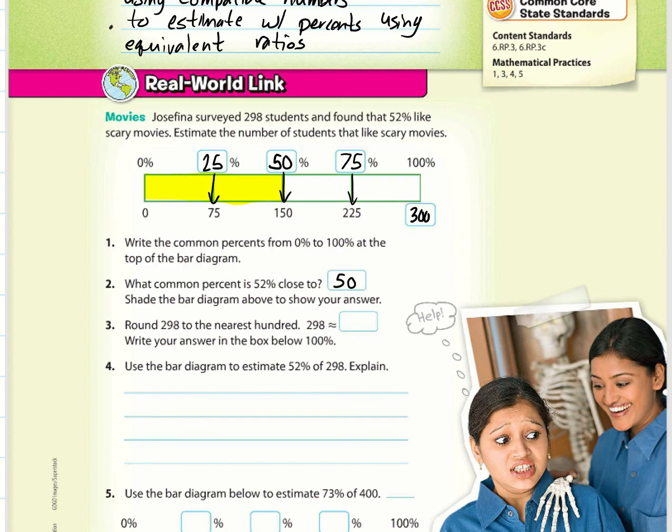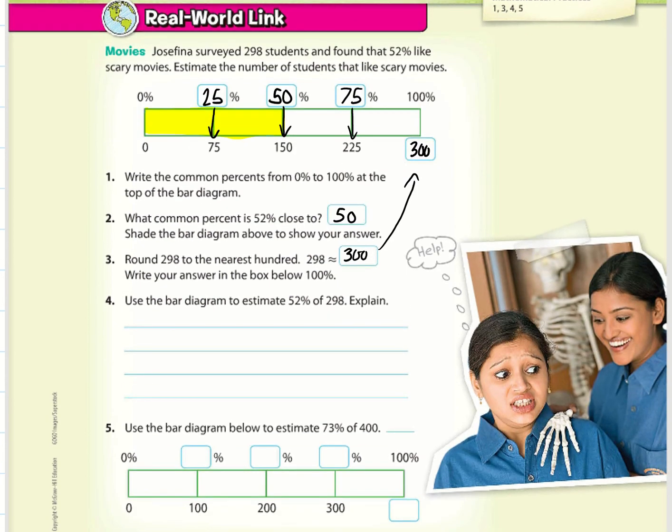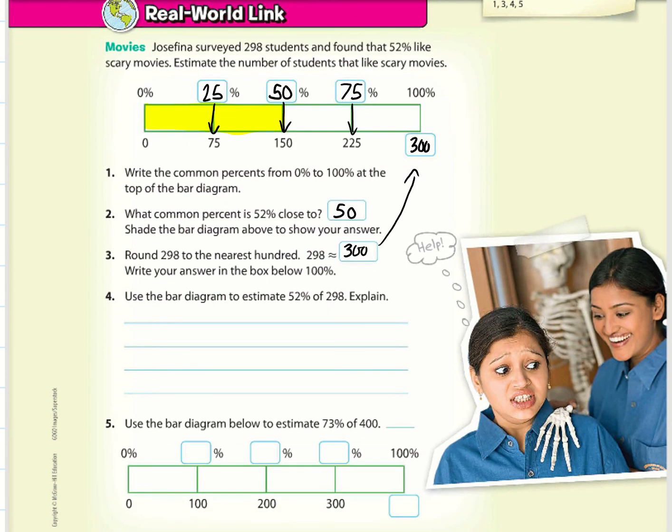This is round 298 to the nearest 100. So we're at 300. And then we wrote that here under the box of 100%. Using the bar diagram, estimate 52% of 298. So we estimated 52% to 50. I'm just going to write that, a little note above, and that to 300.